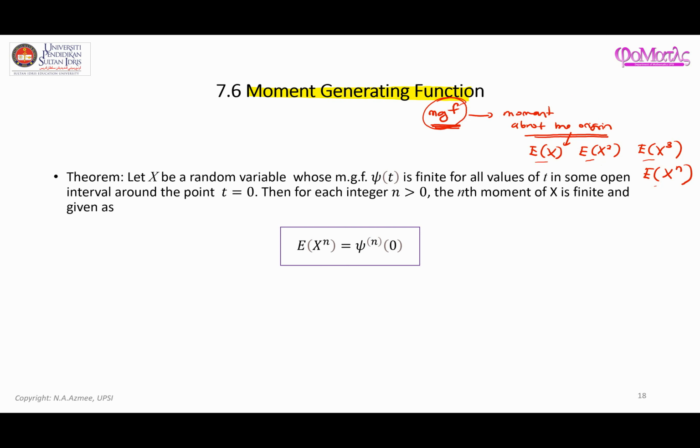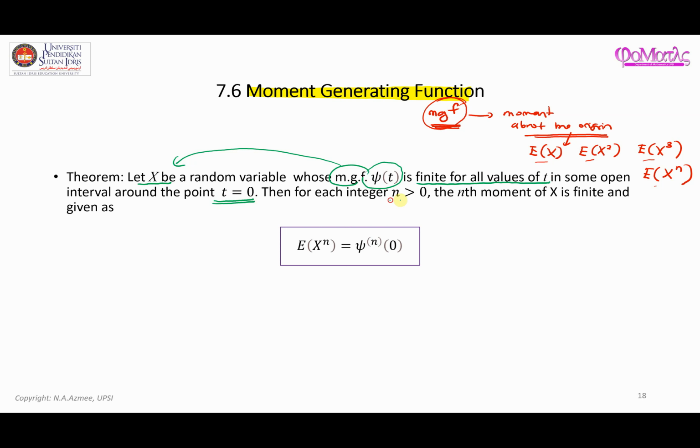According to the theorem here, we have X as a random variable, and the MGF of X is given by this function. This is psi, it depends on t, and it is said to be finite for all values of t in some open interval, so we have some interval around the point t equals 0.